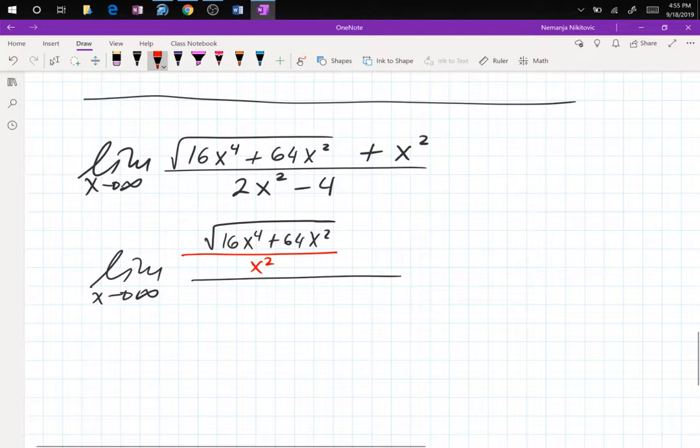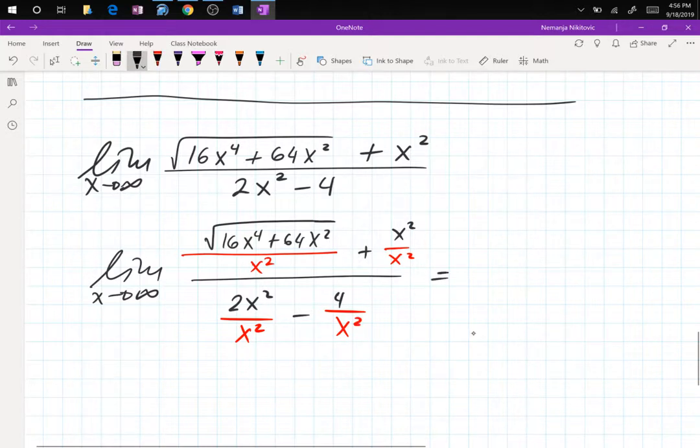So I'm making sure you know that this x squared is not yet under the root. And then you have plus x squared over x squared, 2x squared divided by x squared, and finally minus 4 divided by x squared.